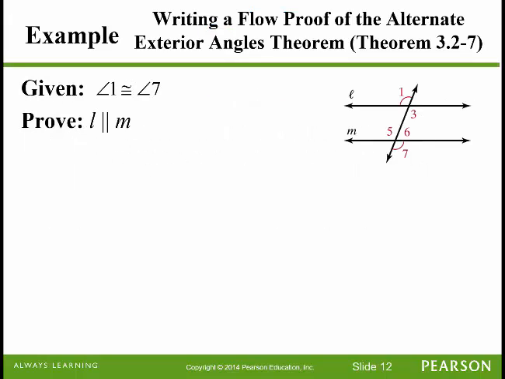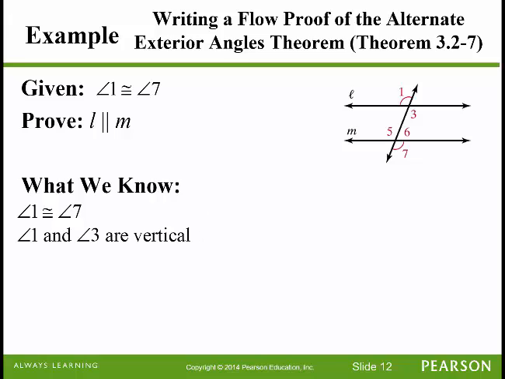So let me give you an example. This is about writing a flow proof of the alternating exterior angles theorem. Given that angle 1 is congruent to angle 7, I want to prove that L is parallel to M. So what we know here: angle 1 is congruent to angle 7.